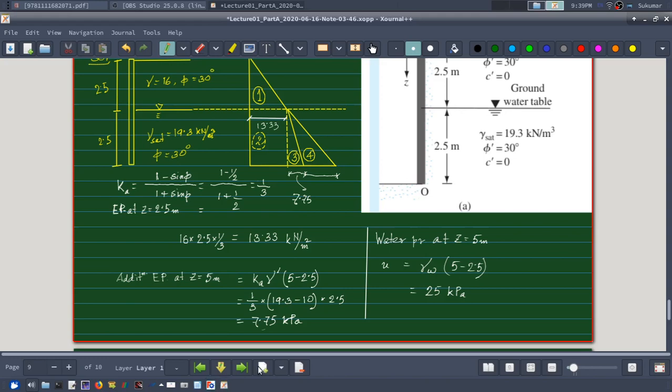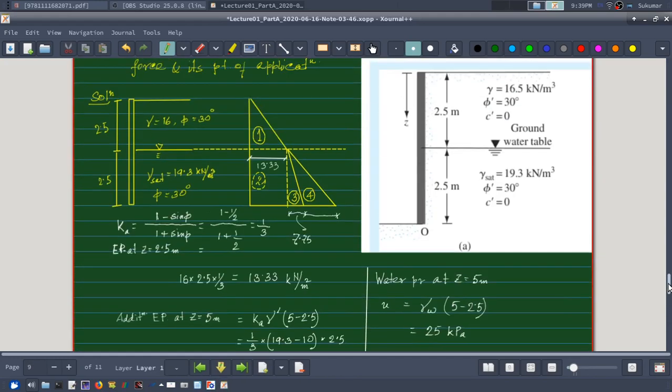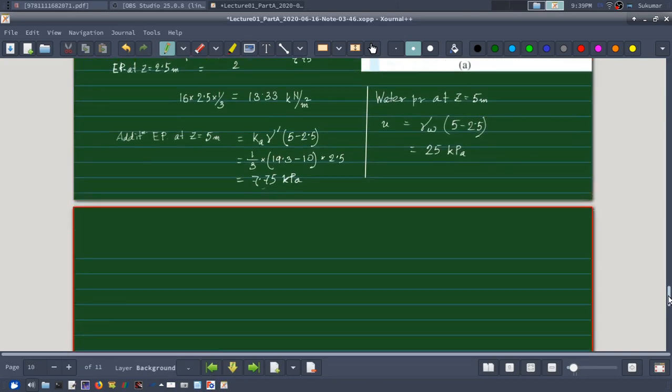So total earth pressure EP will be equal to area 1 plus area 2 plus area 3 plus area 4.